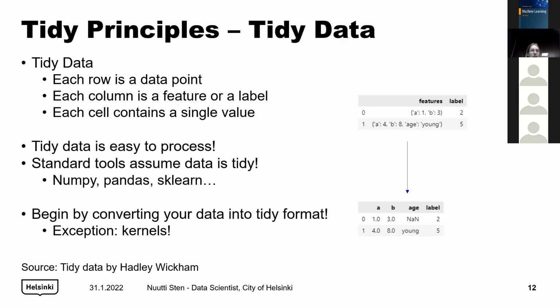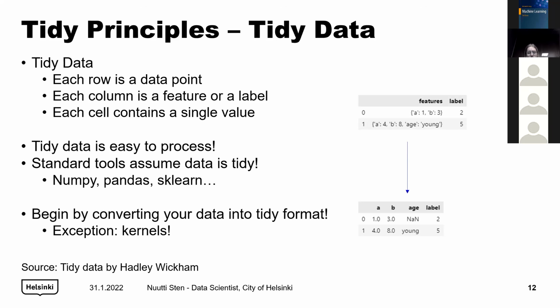You can Google them, and I highly recommend reading them. They first describe how to formulate your data in a way that it's easy and efficient to analyze. It means that you should always formulate your data into a very clean two-dimensional table, where each row is a data point, each column is a feature or label, and each cell contains a single value.